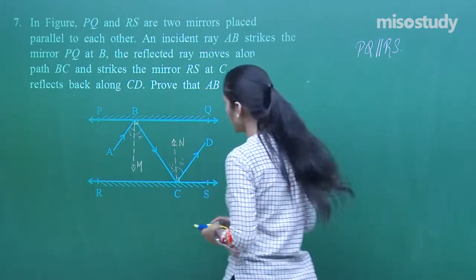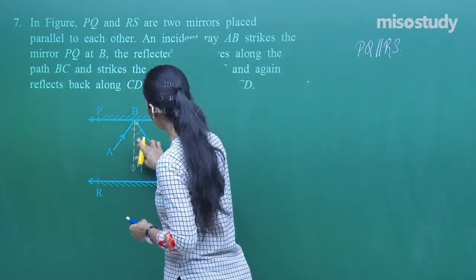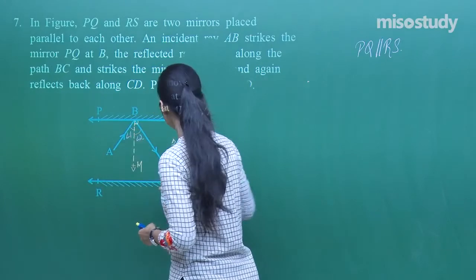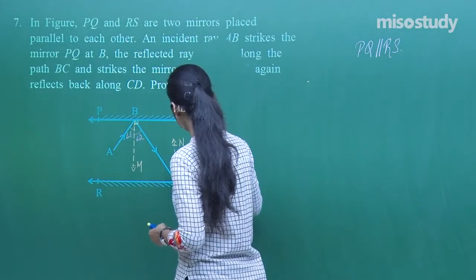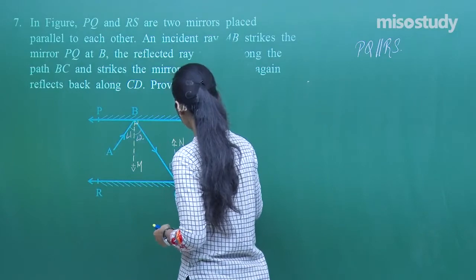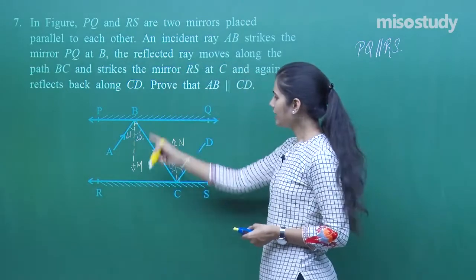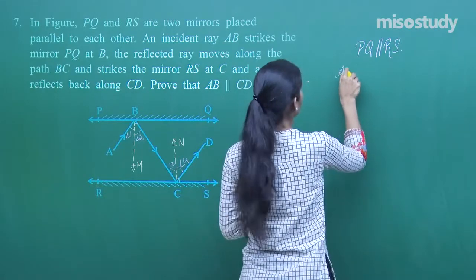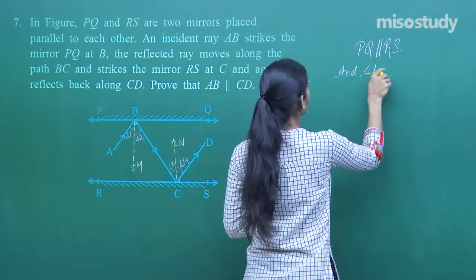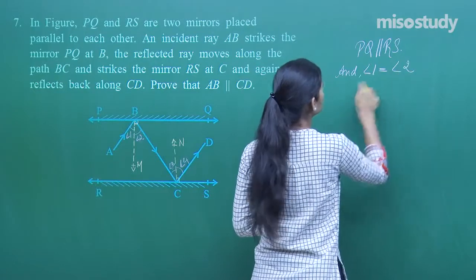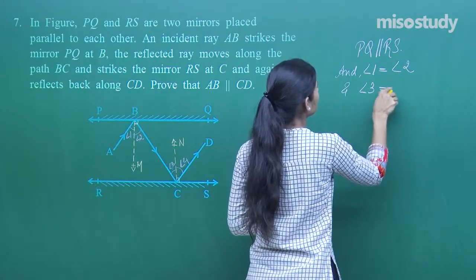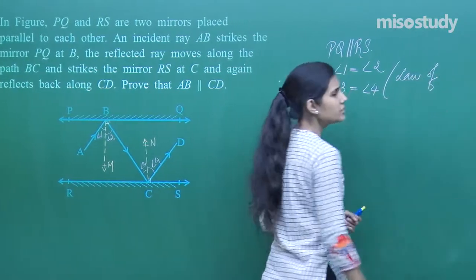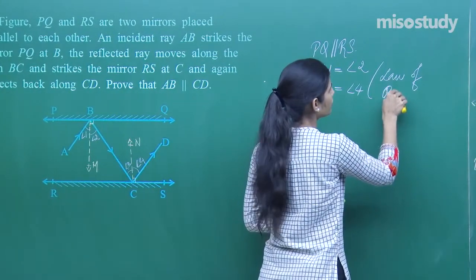So what am I going to have is, this is angle 2, and say this is angle 3 and angle 4. So the moment I have drawn normals, by law of reflection I can say angle 1 is equal to angle 2 and angle 3 is equal to angle 4, because angle of incidence is equal to angle of reflection.